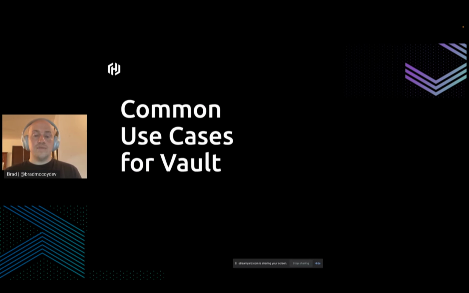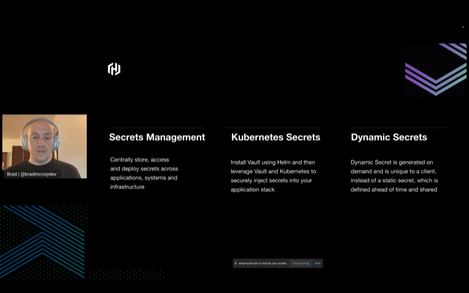So common use cases for Vault, obviously secrets management. I think it's important to know that it's not just for storing your usernames and passwords. There's so much more to it. The documentation on HashiCorp is really great. I really enjoy the videos that they have as well. So one use case is secrets management. You can centrally store, access, and deploy secrets across applications, systems, and infrastructure.